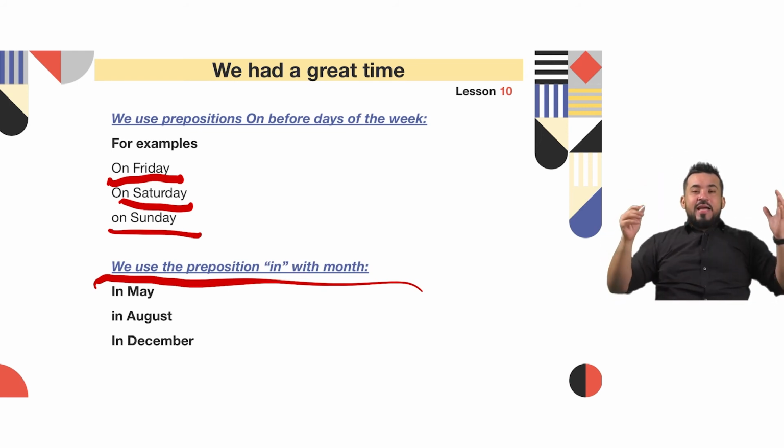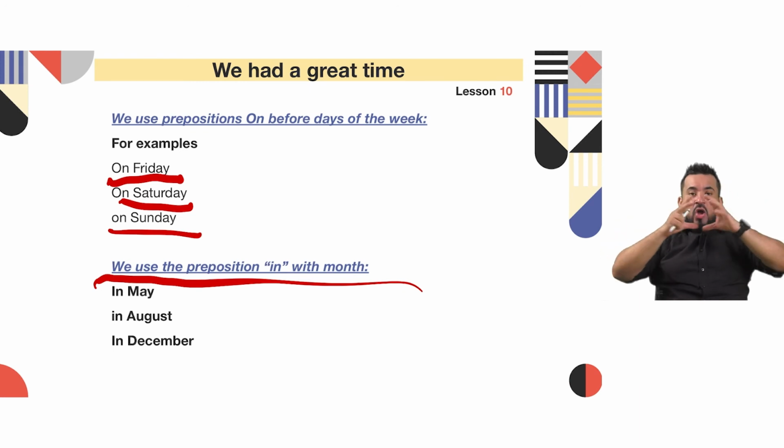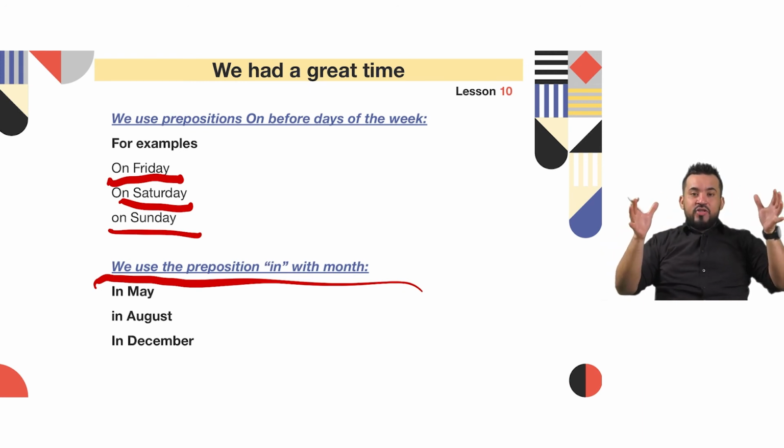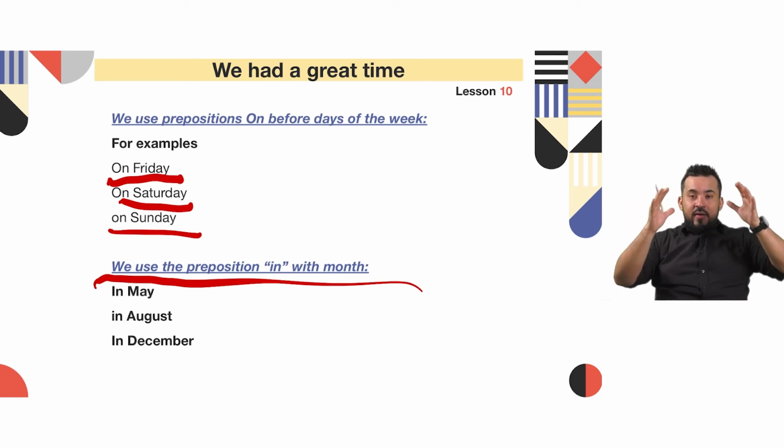So, as we said previously, you have to imagine a triangle. At is the very top of the triangle, which is very specific. On is the middle part of the triangle, and it's wider than at, but smaller than in. So for at, we will talk about specific times, like at 8 o'clock or at 9 o'clock. For on, we will use days, like on Thursday, on Friday.